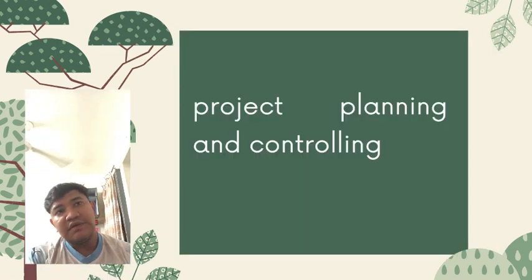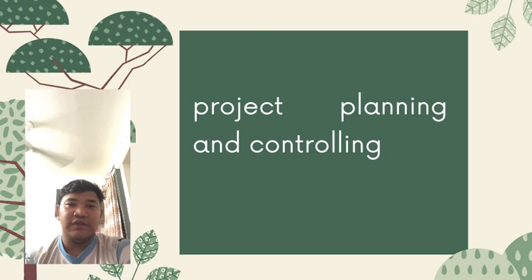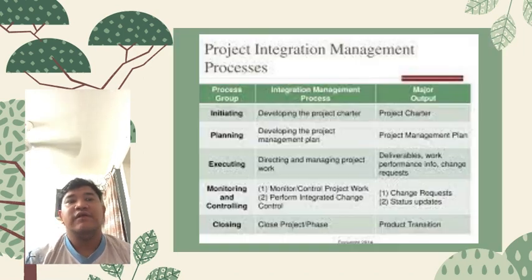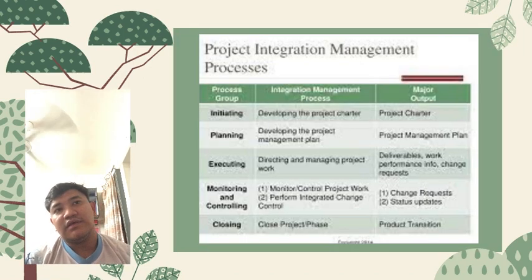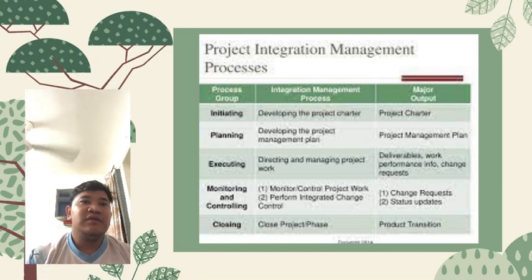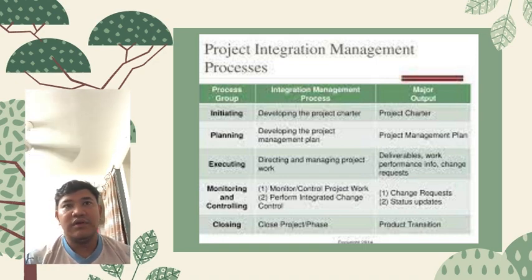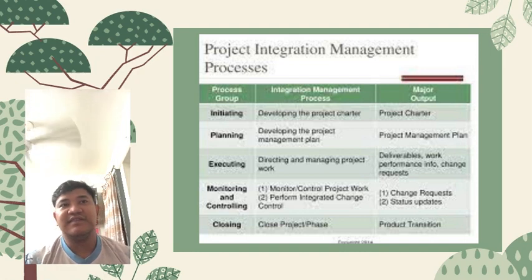For the project integration management process, there are five process groups. The first one is initiating, then planning, executing, monitoring and controlling, and closing. For initiating, the integration management process is developing the project charter, and the major output is the project charter.